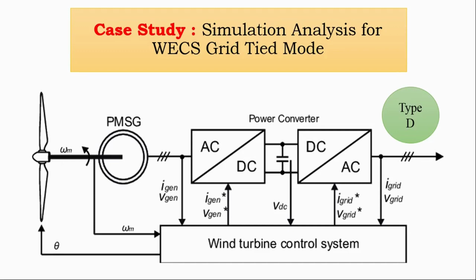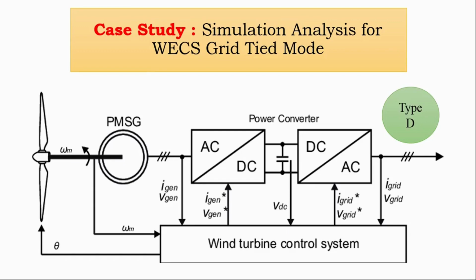Type C is the renowned concept known as DFIG, the doubly fed induction generator based wind energy system. And in type D, we have the permanent magnet synchronous generator based wind energy conversion system.